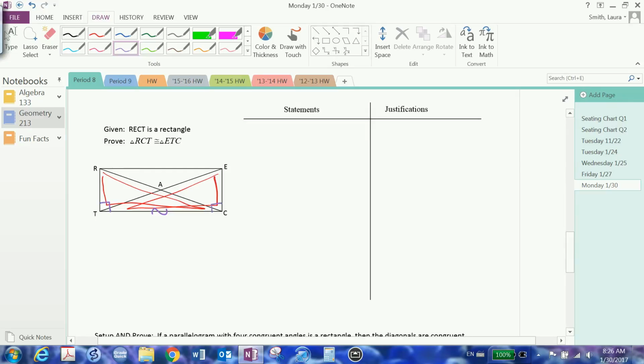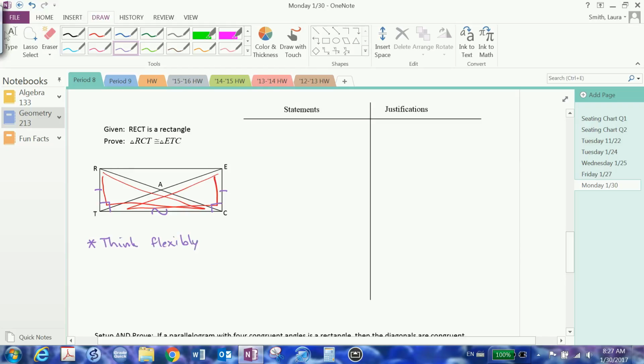All right, as soon as I see the overlapping triangles, I'm already thinking, I've got this. Yeah, I've got that reflexive side. What else do I know about a rectangle? I know that these are right angles. And I also know that in a rectangle opposite sides are congruent.